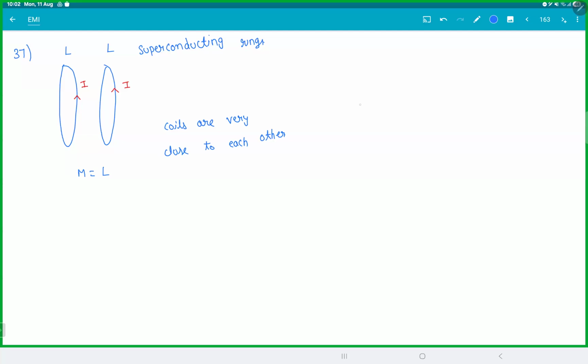Now find the work done by the external force to separate the coils to infinity. So they will explain what a superconductor is and frame something of this sort.